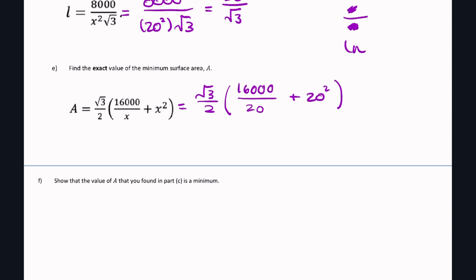So if you calculate all of this, that gives you 1,200. So it's root 3 over 2 times 1,200.